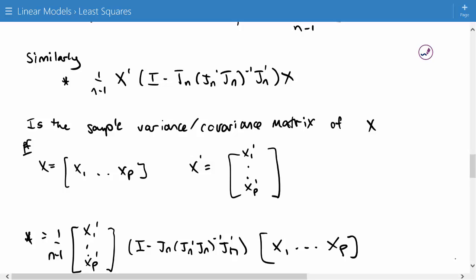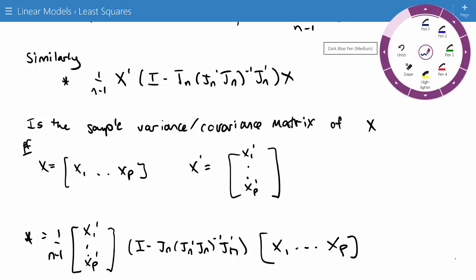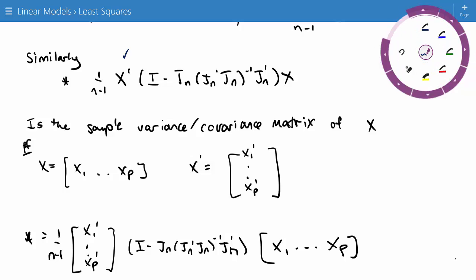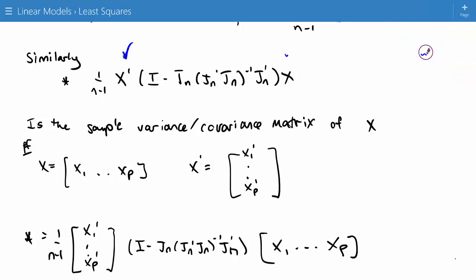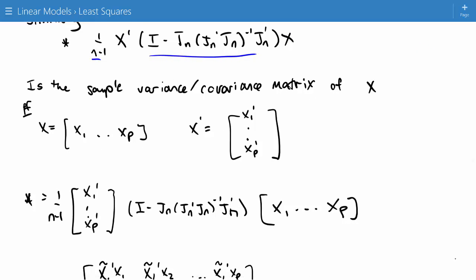Instead of multiplying a quadratic form with a vector, imagine if I were to pre-multiply by X transpose, and post-multiply X by this centering matrix right here, and then multiply by 1 over n minus 1. That winds up being the sample variance covariance matrix of the data matrix X.